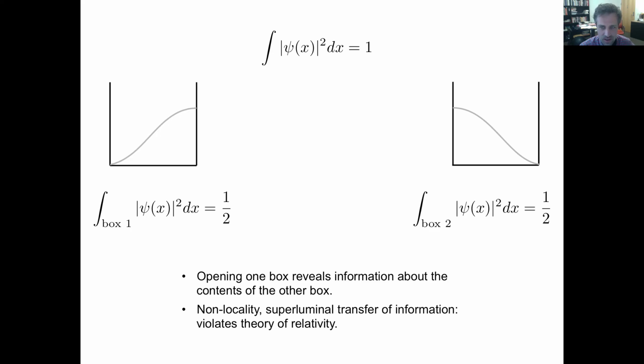This is different from the classical case. Classically, the particle is deterministic. It's either in box 1 or in box number 2 at all times. And it's just a matter of chance of finding it in box number 1 and box number 2. But quantum mechanically, we don't know, okay? It's purely probabilistic. There's definitely a chance of 50% before you open box number 1 that it is in box number 2, right?